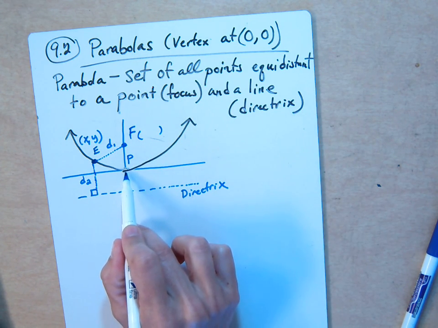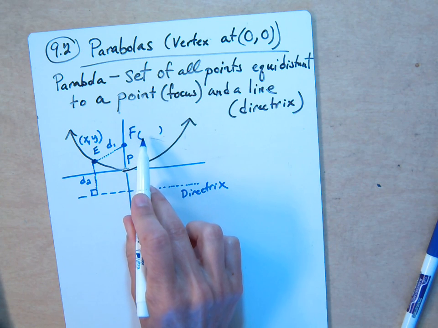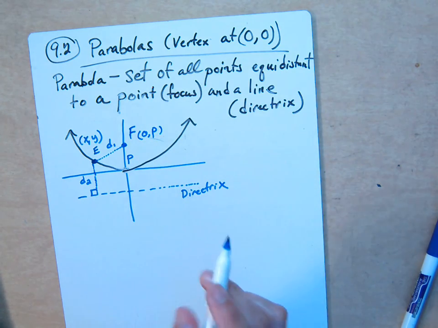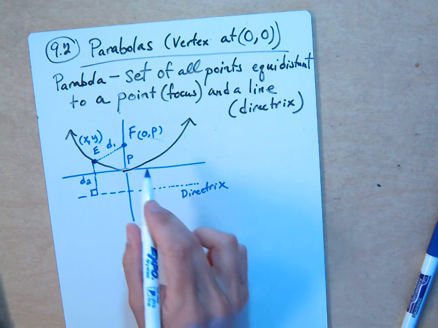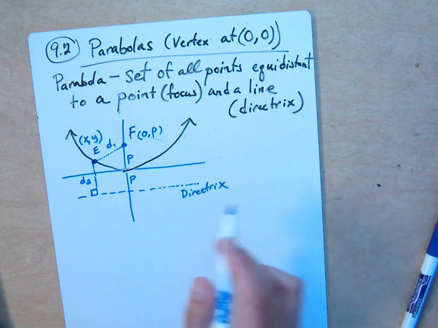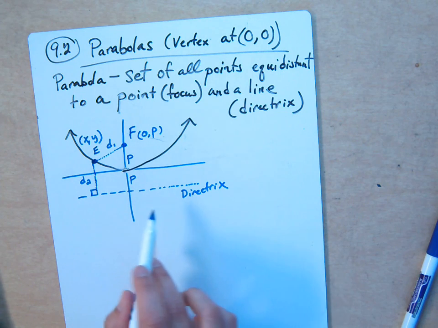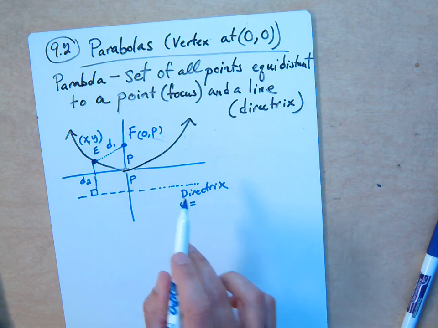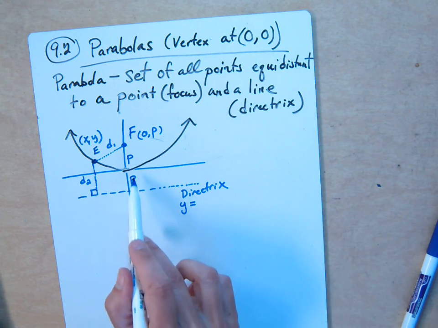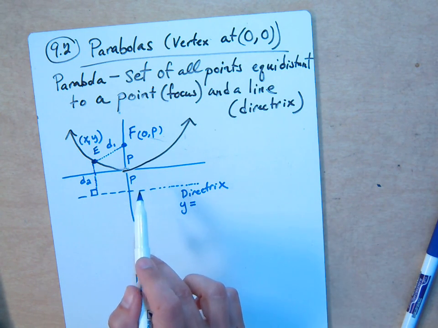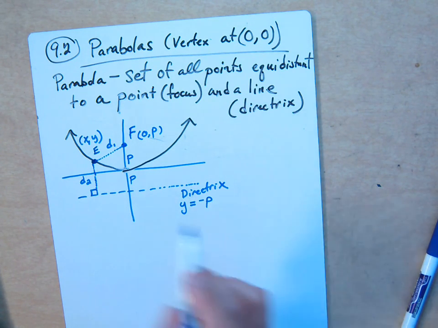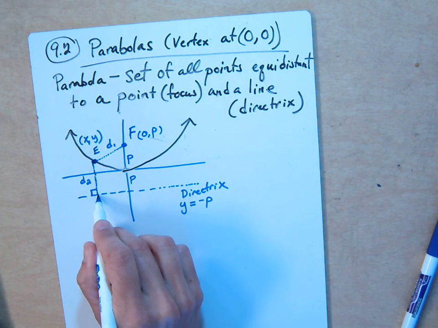If this is 0, 0 and this distance is P, it would be, good, 0, P. And the directrix, in a horizontal line, is always y equals a constant. So what would it be? If this distance is P as well, good, y equals negative P.